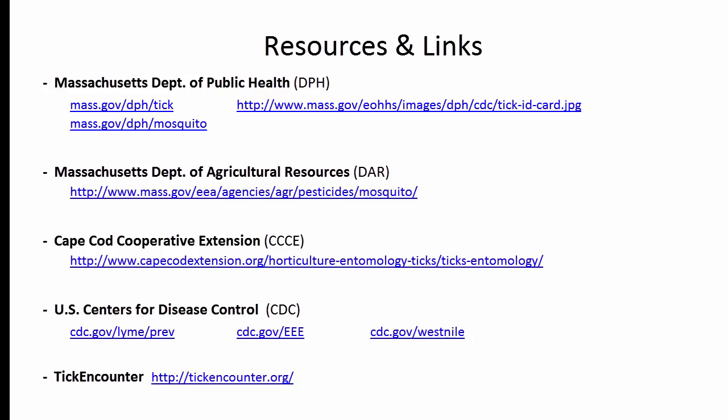Cape Cod Cooperative Extension, CCCE, Deer Tick Project, with a link to CCCE Deer Tick Project. U.S. Centers for Disease Control and Prevention, CDC, with links to CDC Lyme, CDC EEE, and CDC West Nile. Tick Encounter Resource Center, with a link to Tick Encounter.